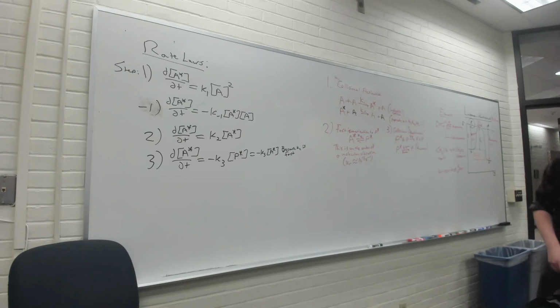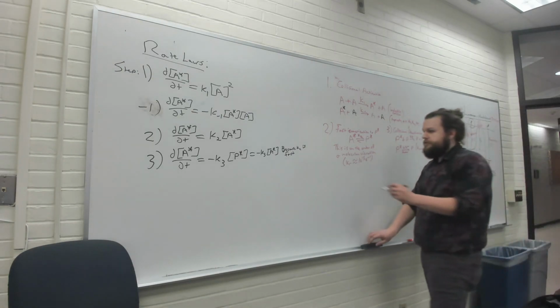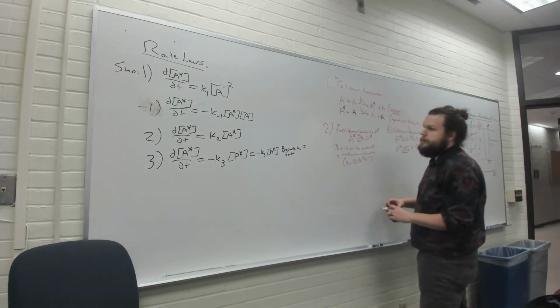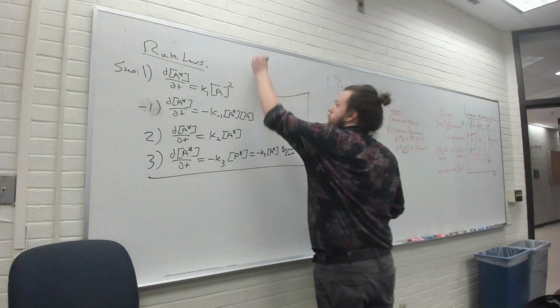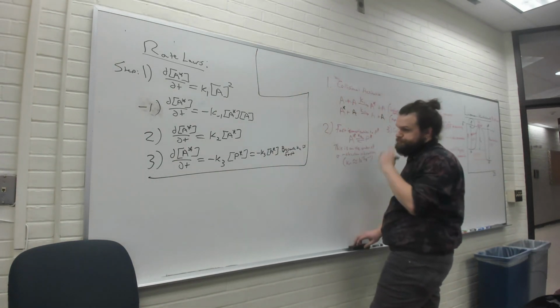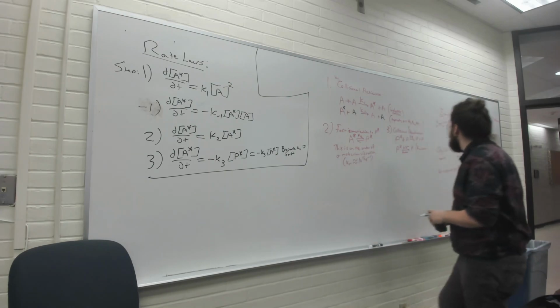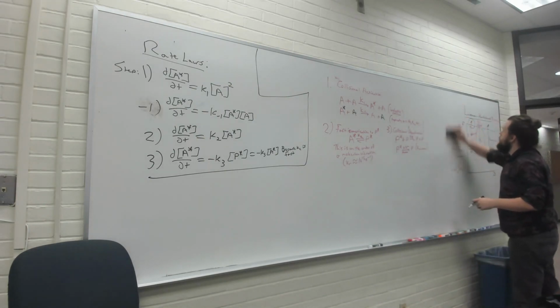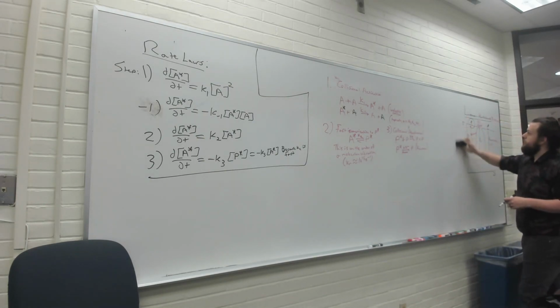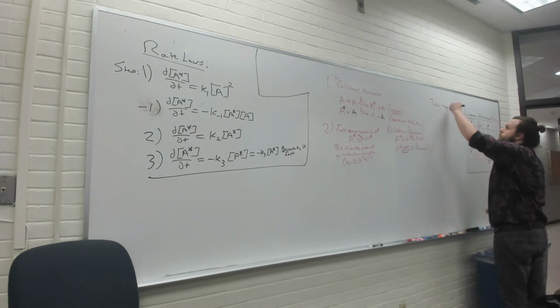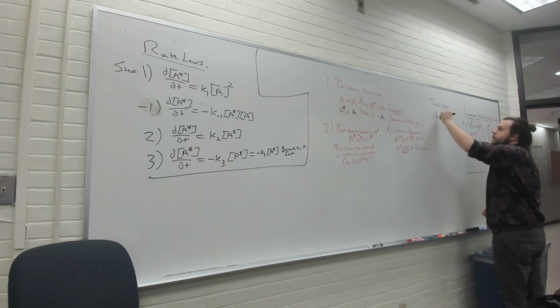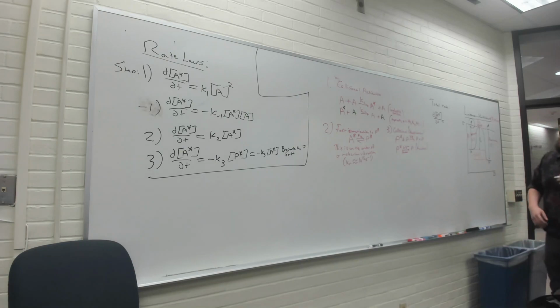Now what we can do is combine them and ask what the total rate of A star is. So let me write this over here. I don't need these examples anymore. So the total rate is going to be d[A star]/dt.